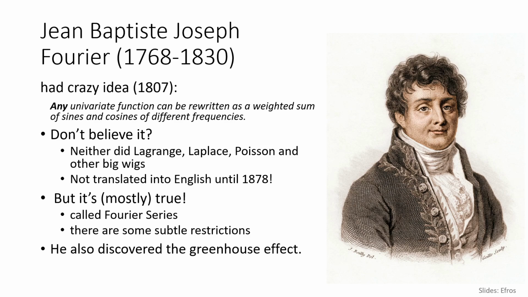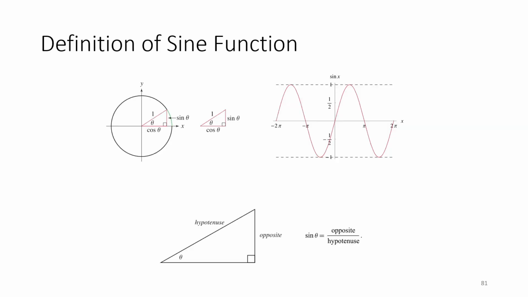Let me show you what it is. What is sine? Let's see. If we have a unit circle, and this is the angle between this edge, then the sine means the distance here. If we draw the relationship between the angle and its value, it is like a periodical function, right?